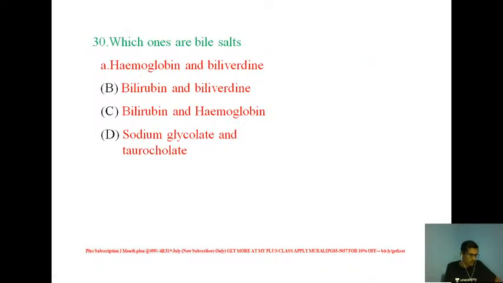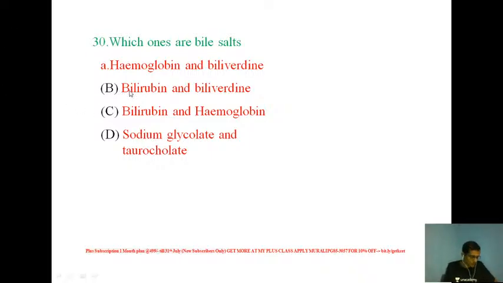Next, the 30th question. Which ones are bile salts? Options: hemoglobin and biliverdin, bilirubin and biliverdin, bilirubin and hemoglobin, sodium glycocholate and taurocholate. Which is the right answer regarding the bile salt produced from the liver? It is important for emulsification of lipid.